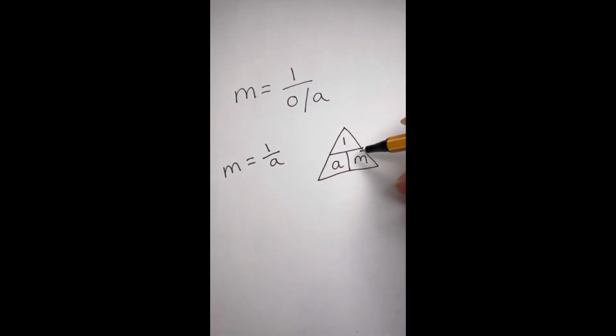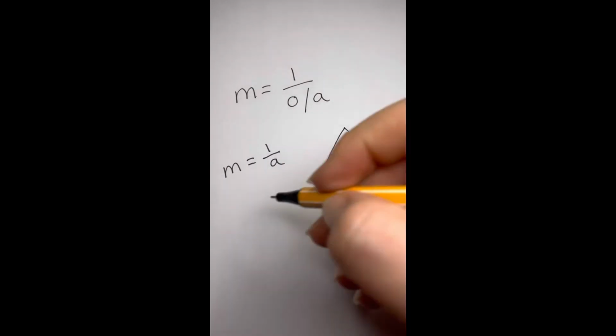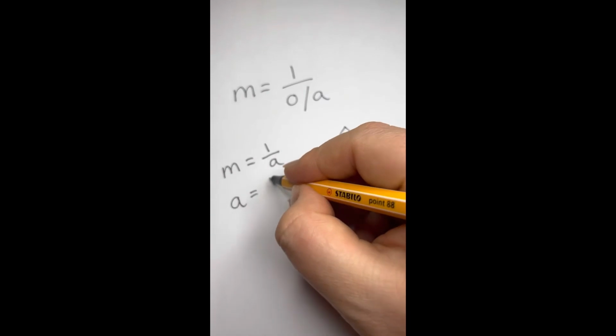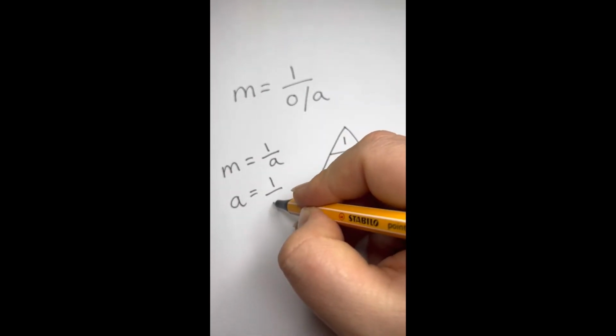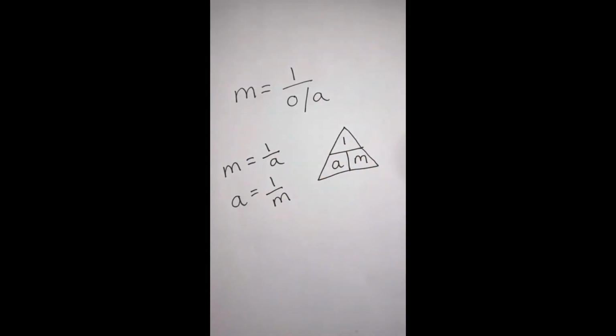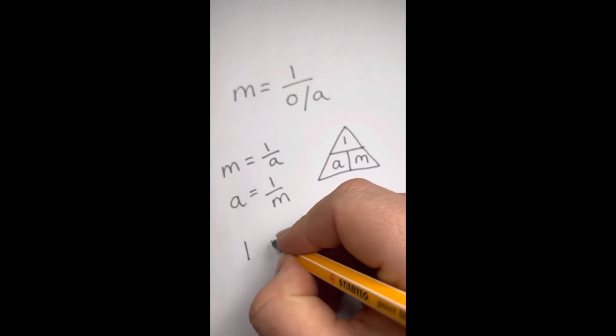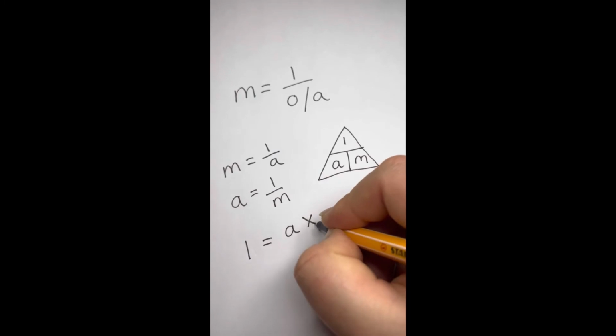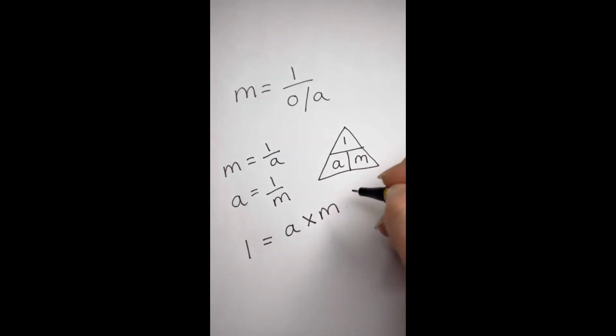It's image divided by magnification. So actual equals image divided by magnification. Right, and then if you want to work out the image size, cover it up. It's image equals actual times by magnification.